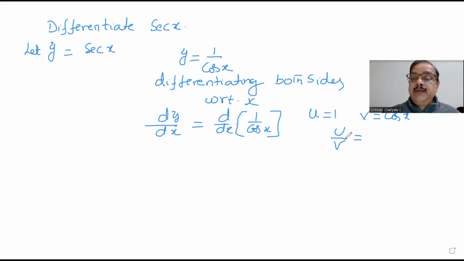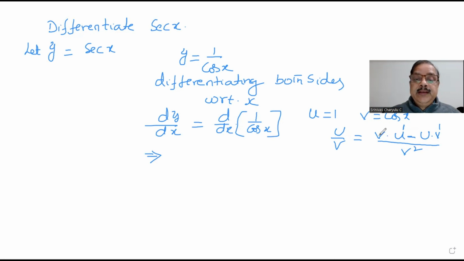So what is the u by v differentiation formula? v into differentiation of numerator minus u into differentiation of denominator divided by v square. So this formula I am going to implement here.